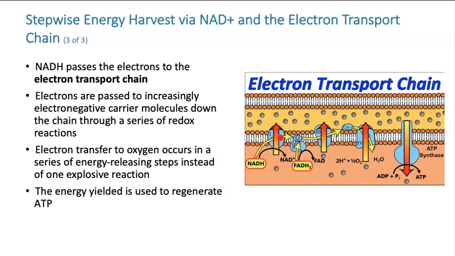We've got these proteins embedded in the membrane of the mitochondria. And if we're passing electrons along here, we've got a series of oxidation reduction reactions, right? And so eventually those electrons are going to be passed to oxygen, and they're going to make water. So that's why water is one of the end products of cellular respiration.